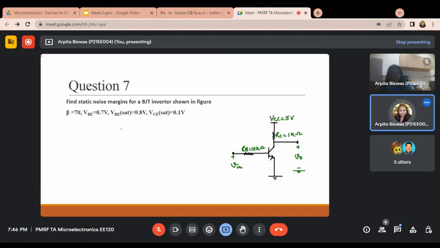Tell me, when you are calculating V input low, in that situation, how are you calculating? Which one is in saturation? Here you can see that the question also gives VCE saturation voltage. VBE normal voltage when it is low, then 0.7, and when VBE is in saturation. Just a minute.